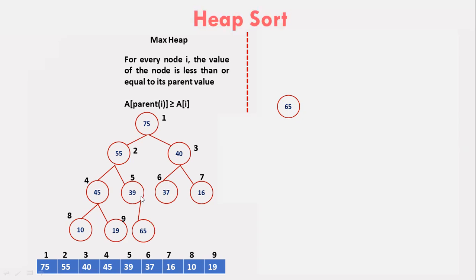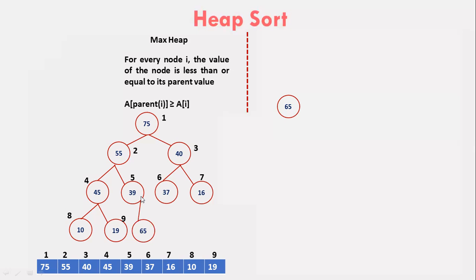Because it is going to violate the property of the complete binary tree. So we are inserting 65 as the left child of 39. So in the array, of course, this is good, but whenever you write any program or algorithm or code, no program is going to draw images for you in the computer.